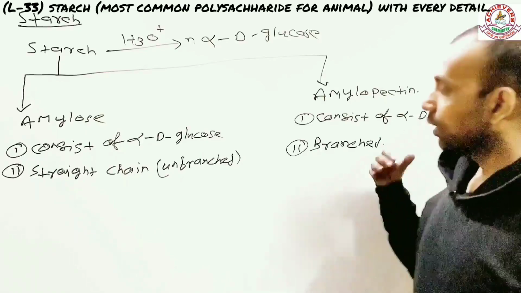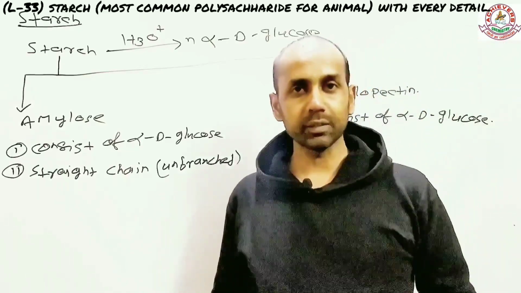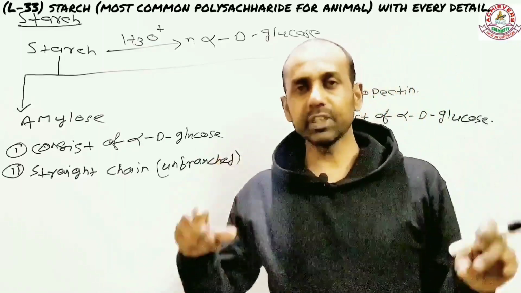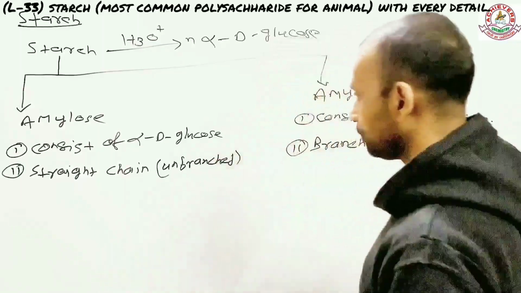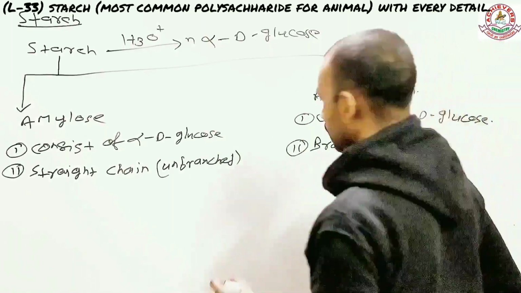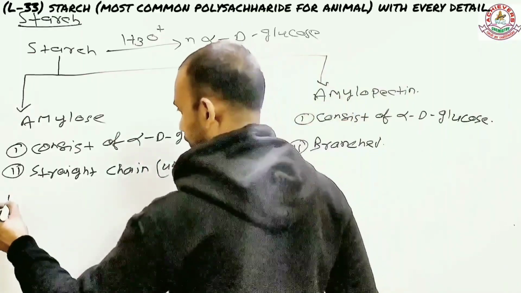How this branching happens, I will definitely describe with some structure here, but let me brief you on the difference between amylose and amylopectin, right?